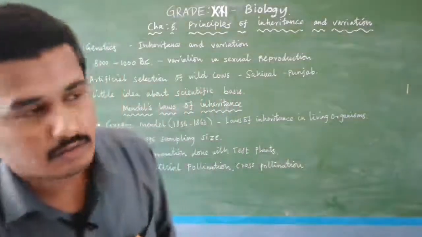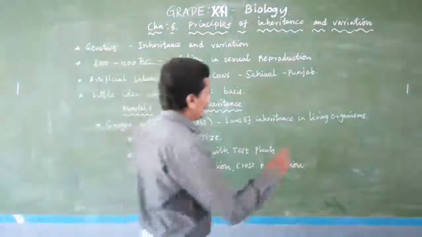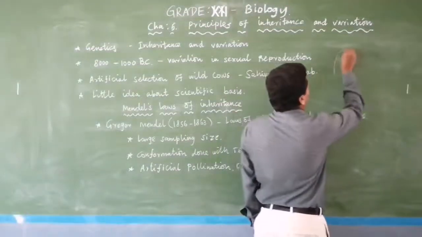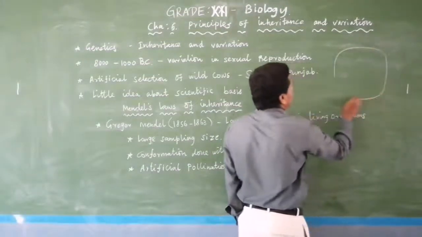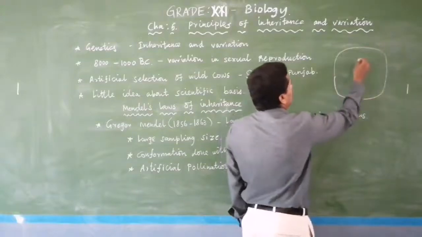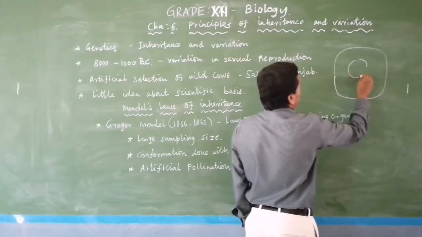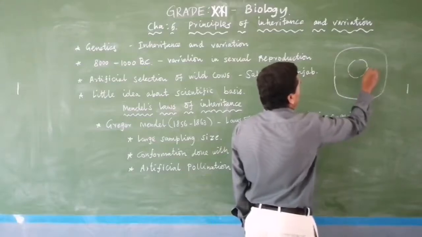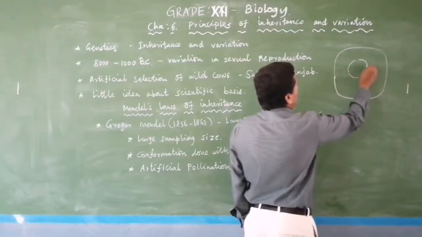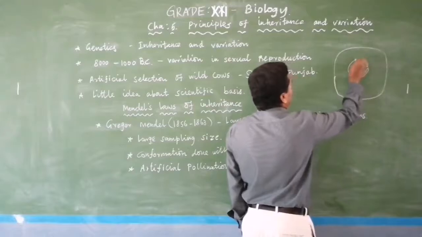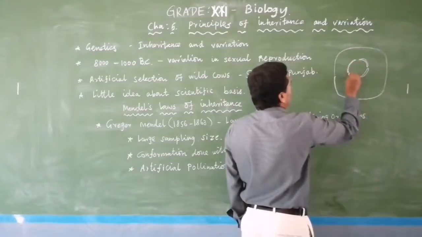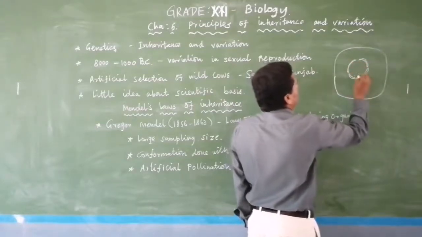Normally, this is actually the eukaryotic animal cell. The animal cell contains a nucleus. Prokaryotic organisms do not contain a well developed nucleus, but eukaryotic organisms have a well developed nucleus.